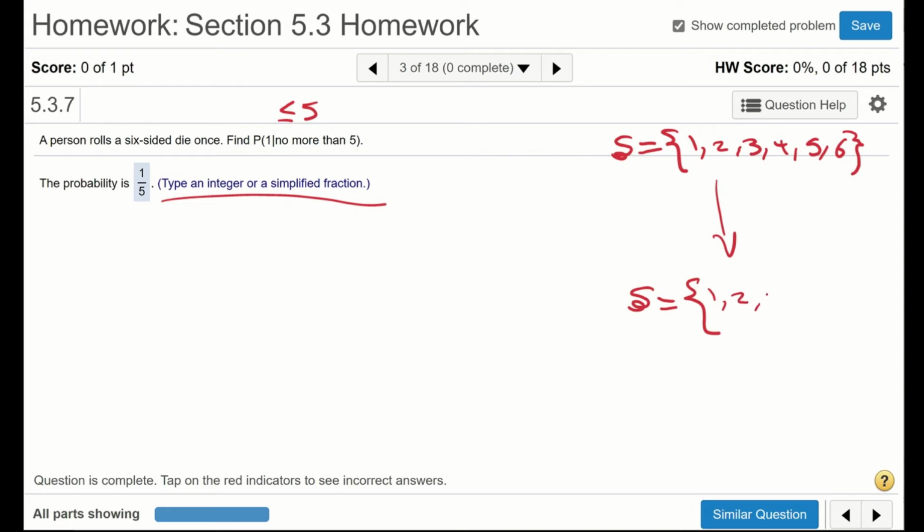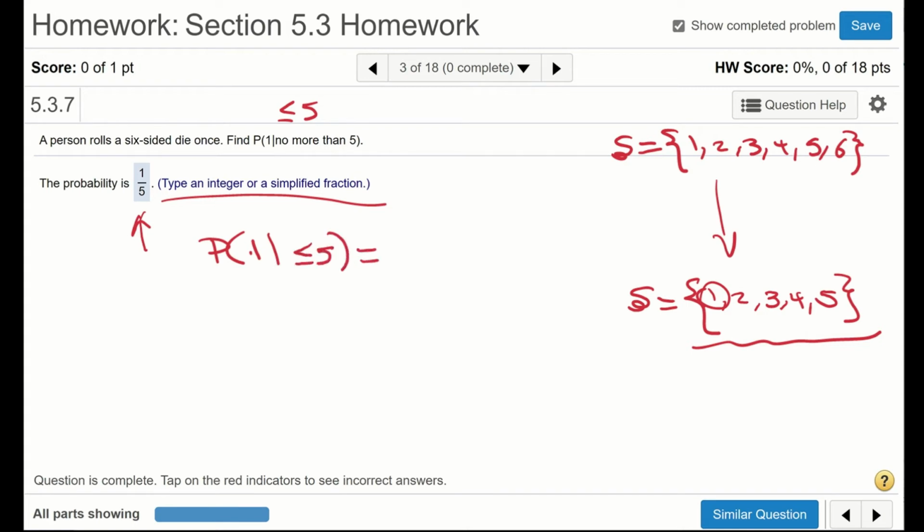So 1, 2, 3, 4, or 5, right? So this is the sample space for which you're going to compute this probability, right? Now, of course, a 1 is only one of those 5 results, so the probability of 1 given that something less than or equal to 5 has been selected is going to be 1 out of 5. Very nice.